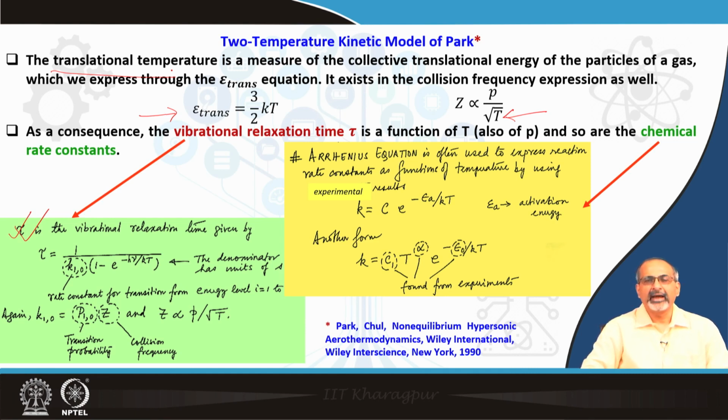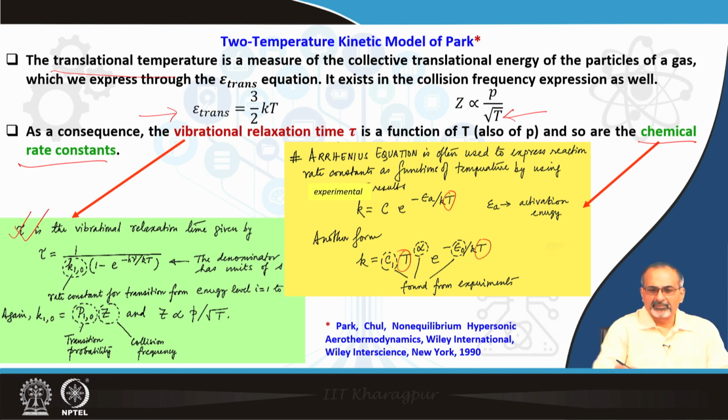And just a few minutes back, we already saw the chemical rate constants at different temperatures, especially the very high temperature situations where ionization might also occur, which we discussed in the previous slides. And you clearly see the dependence of these chemical rate constants on temperature figuring through these correlations.